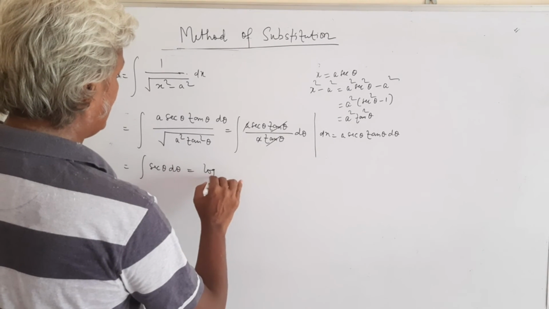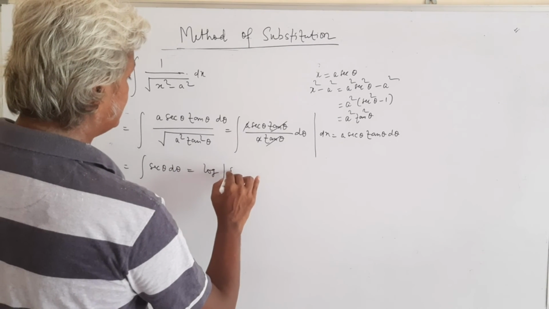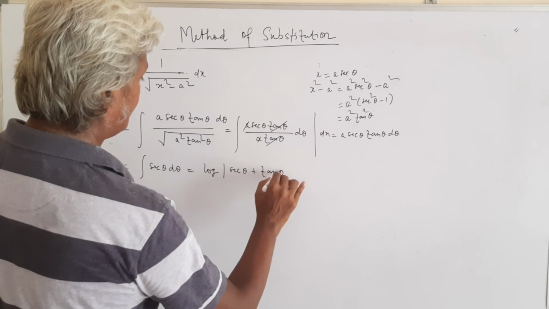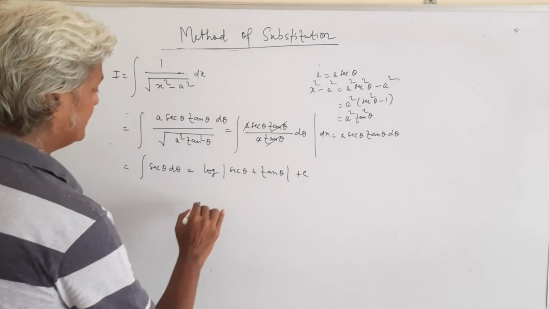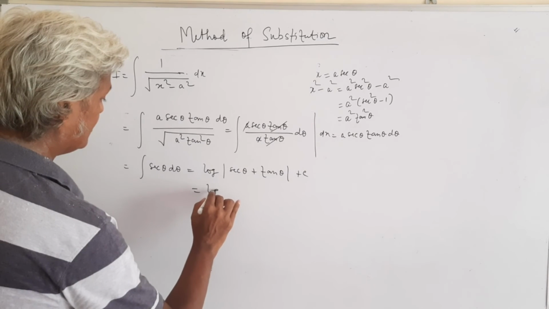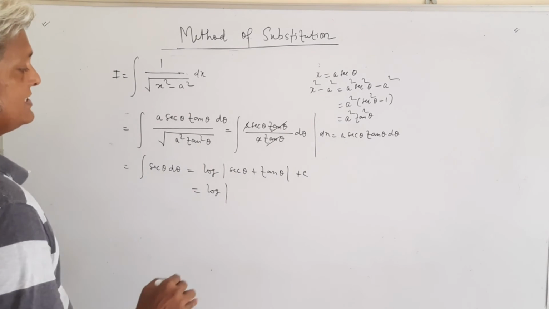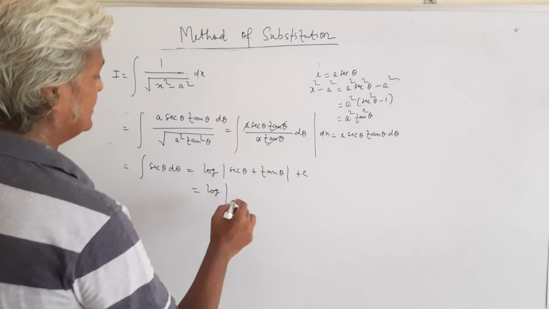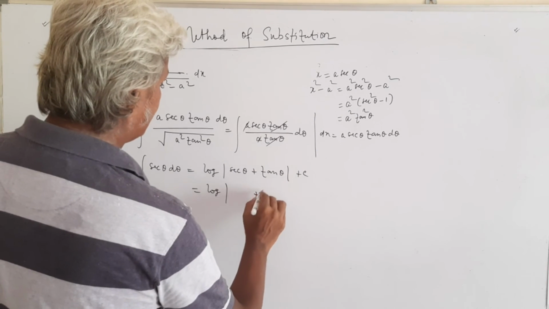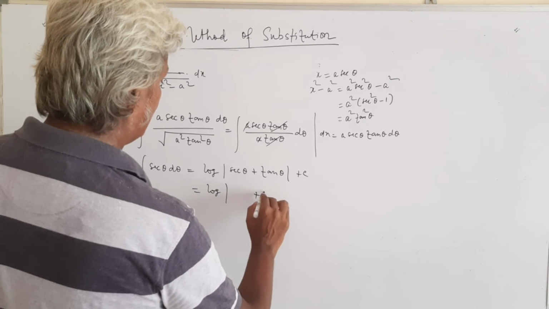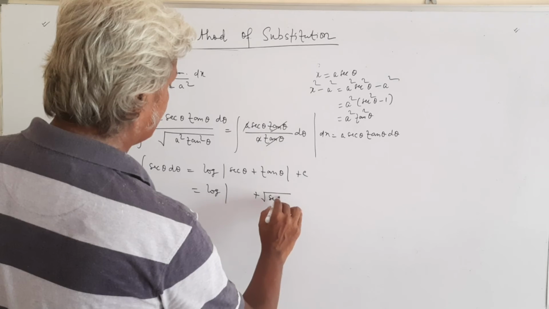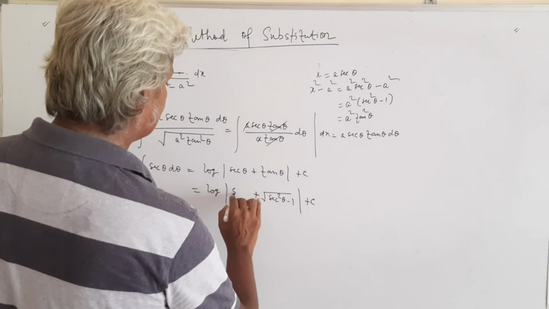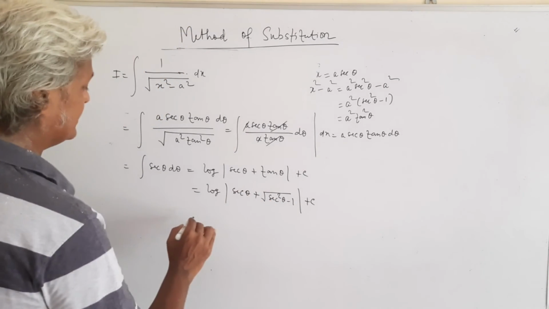Now what is the integration of sec theta? That is log mod sec theta plus tan theta plus c. So log, now what is tan theta? Our assumption is in terms of sec theta, so in place of tan theta, we better write under root sec square theta minus 1 plus c, and this is sec theta.